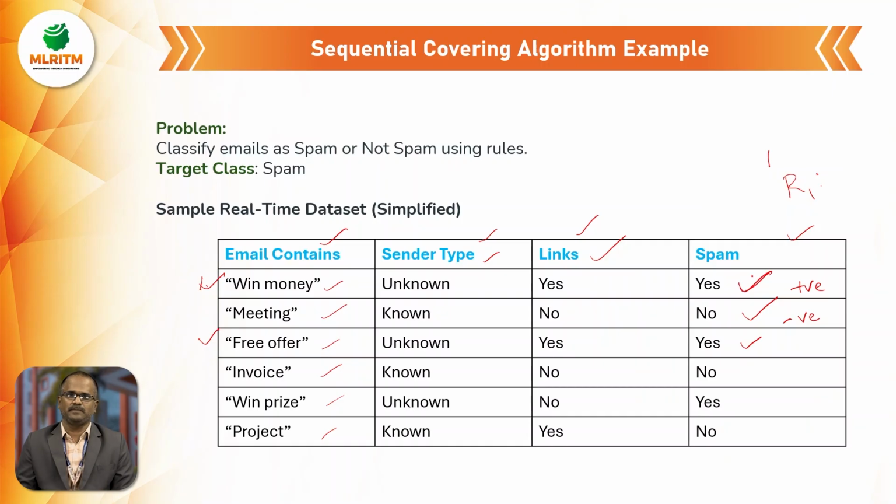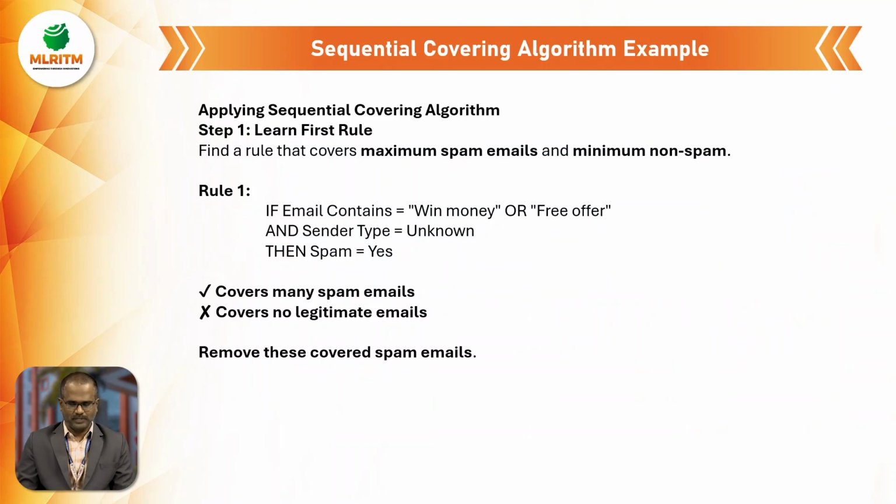That is the first rule. Applying the sequential covering algorithm, step 1: learn the first rule. Find a rule that covers maximum spam emails and minimum non-spam emails. What is rule 1? If the email contains win money keyword and free offer and sender type is unknown, in that case, it is spam mail. So, this is rule 1.